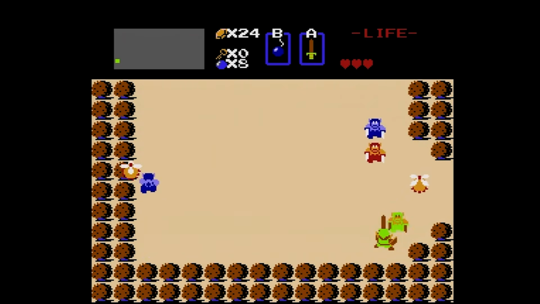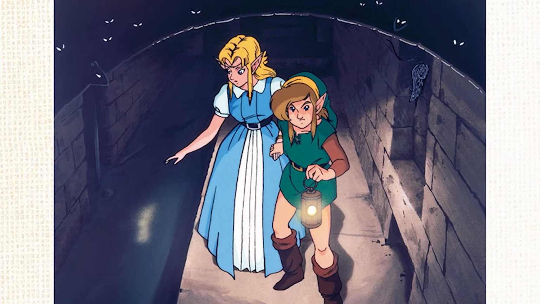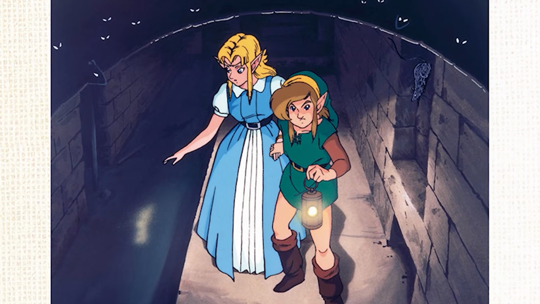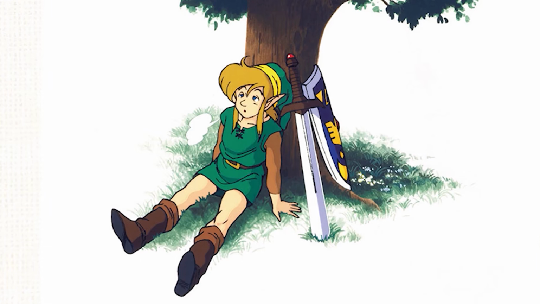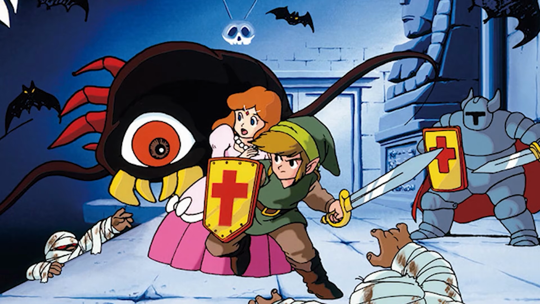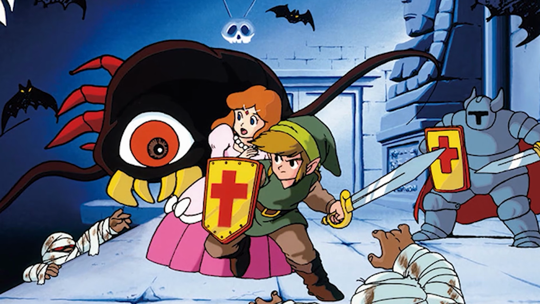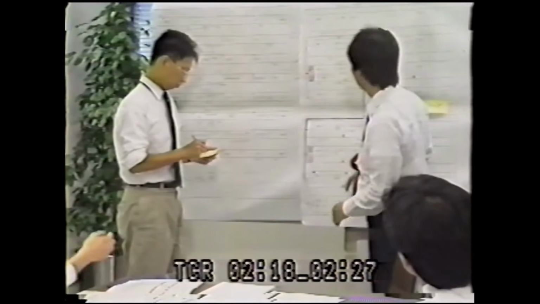And that idea came from the fact that Miyamoto, when he was much younger, used to go by the countryside in Japan, and he used to find and explore little caves, and those little caves and dungeons inspired him as a young adventurer, and it inspired the IP and the series that we know today, The Legend of Zelda.